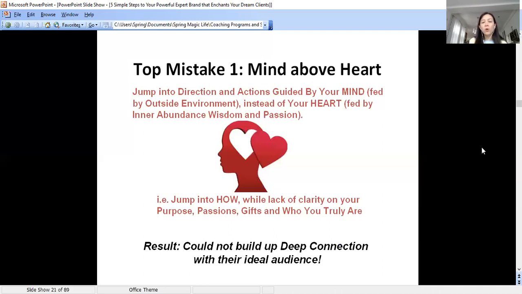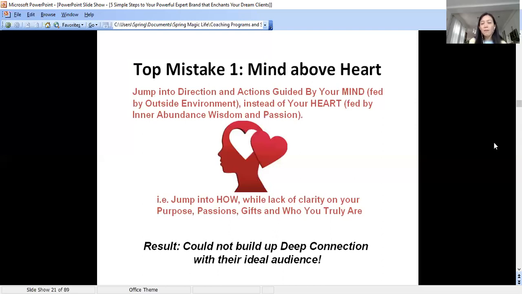But then they ignore taking the time for in-depth reflection and staying with themselves to understand who they are, their true purpose, passion and gifts, so they could better serve the world. As a result, if entrepreneurs use their mind more than their heart to pursue how more than the foundation they have, they cannot build a deep connection with their ideal audience.